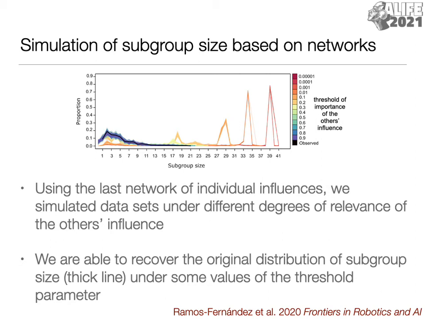In other words, through these micro-level decisions, the group as a whole achieves a global solution, that is the subgroup frequency distribution, which matches the resource abundance.